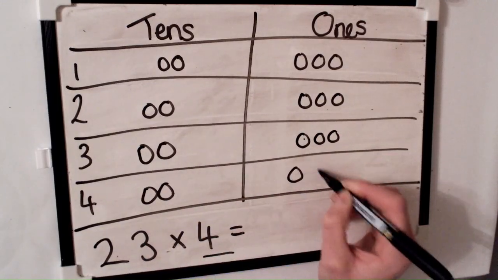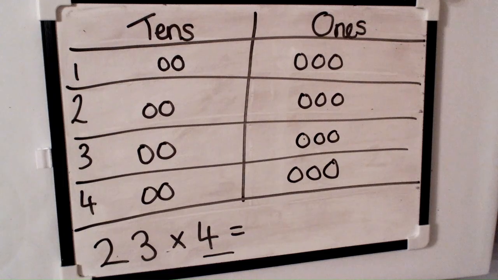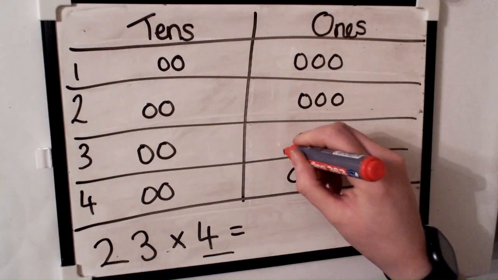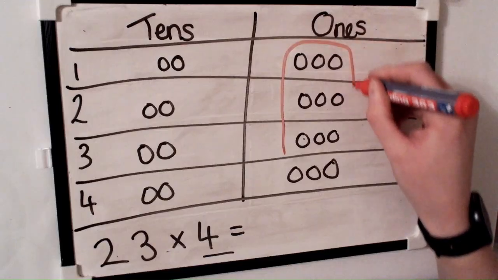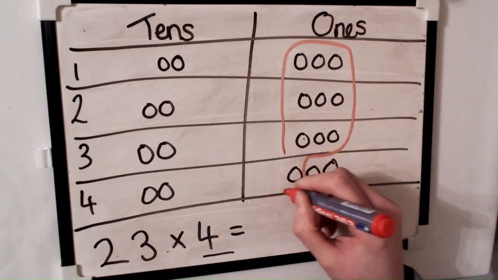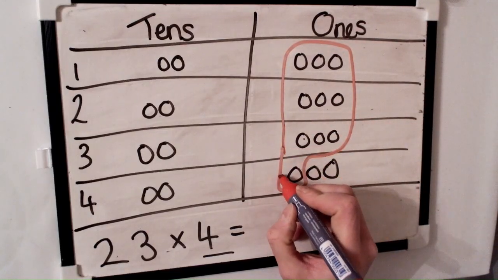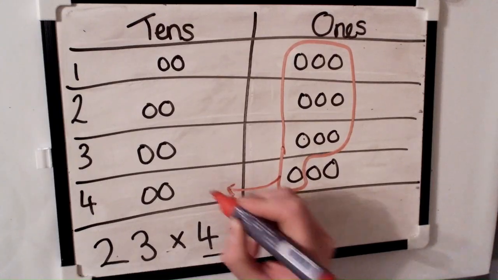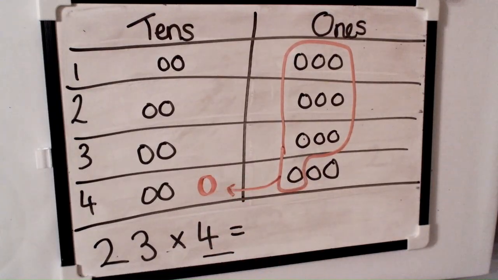I'm going to start in my ones, and again, when I combine the ones in my drawing, I get more than 10. So I can exchange 10 of these for 1 ten. And I'm making that exchange.